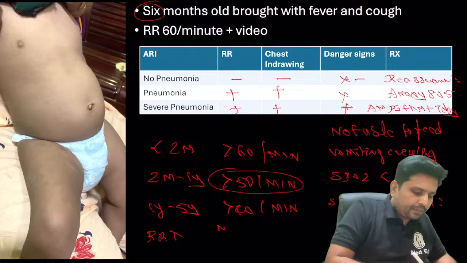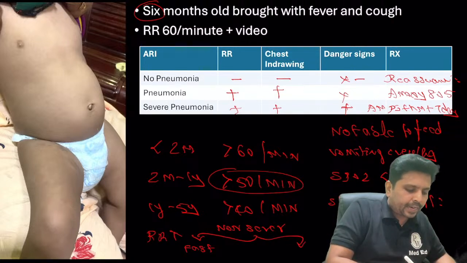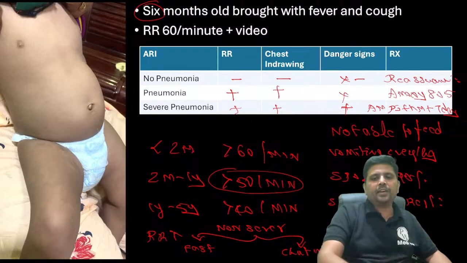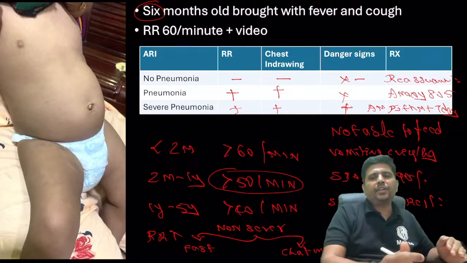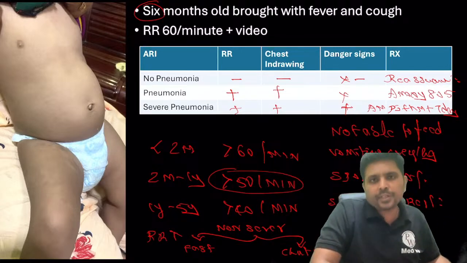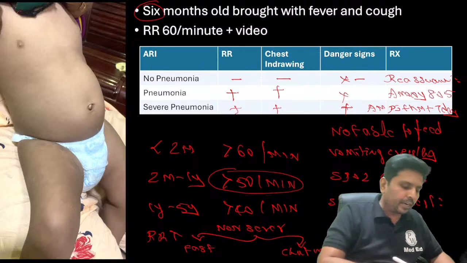For non-severe pneumonia, I repeat, it can be either fast breathing pneumonia or chest indrawing pneumonia. The previous definitions of severe and very severe are all gone. Now it is called non-severe and severe. Severe means you have associated red flags. Non-severe means you don't have any associated red flag.